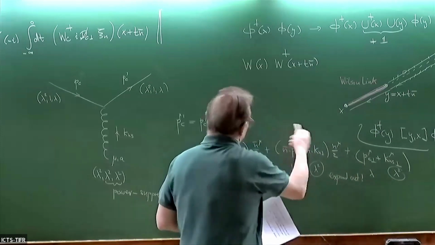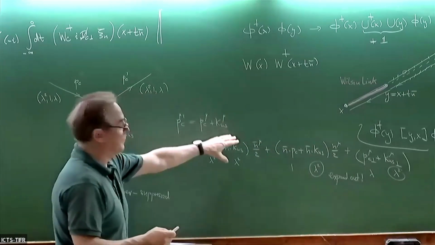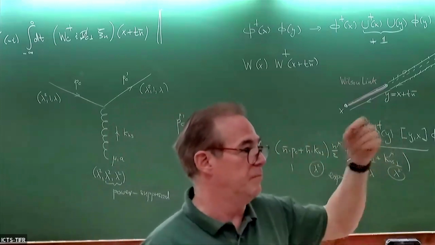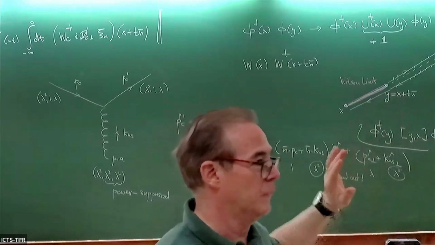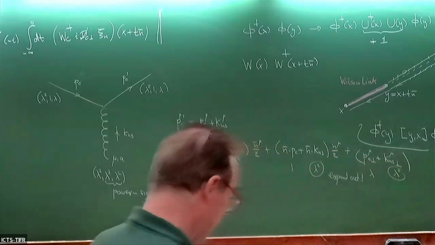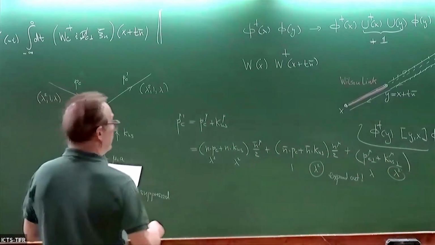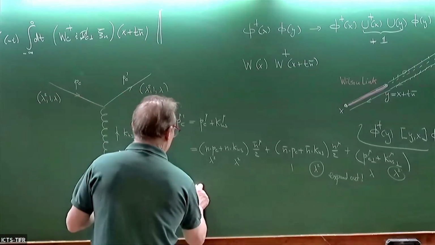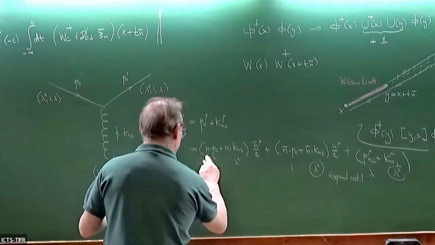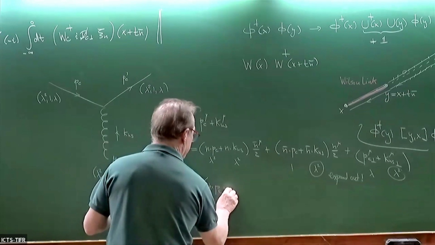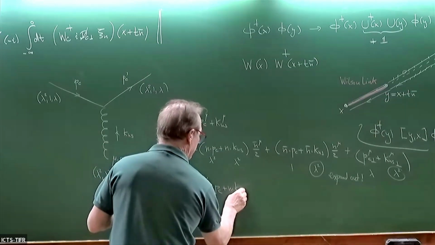So I should not use this as a Feynman rule at this vertex, because it will introduce some power suppressed pieces inside the integrand, and I should always expand these integrands in powers of lambda. So really, what I should keep here is only the terms which have the correct power counting. So the first term is okay. This is fine.